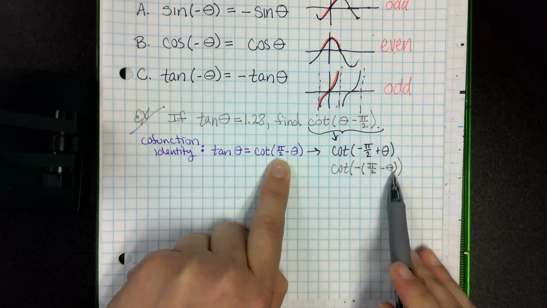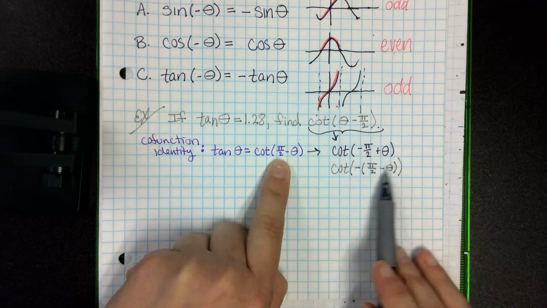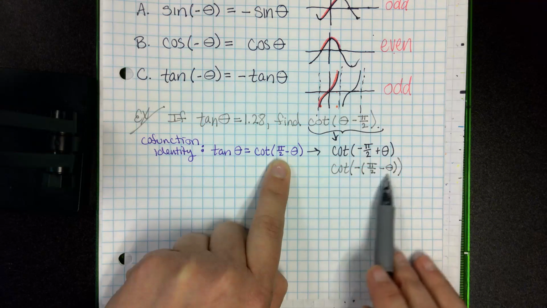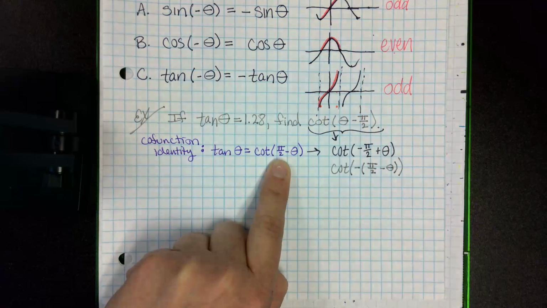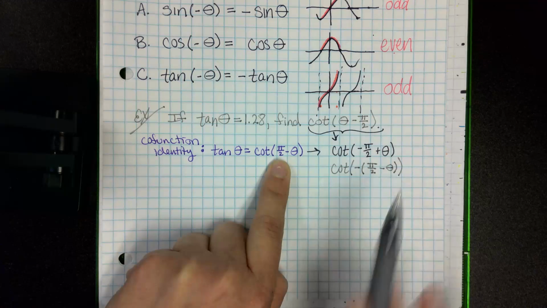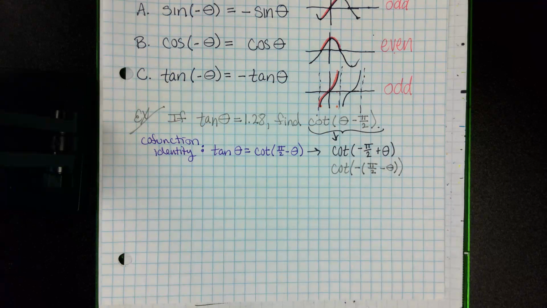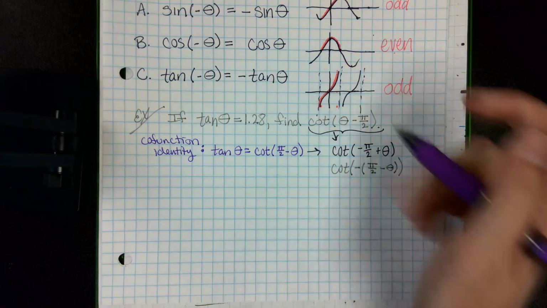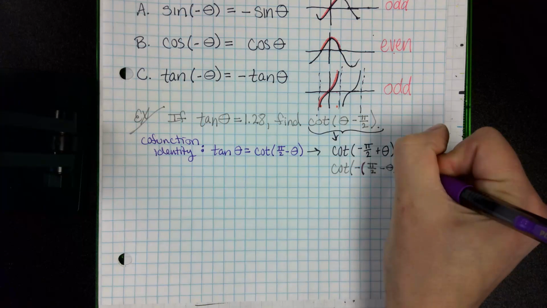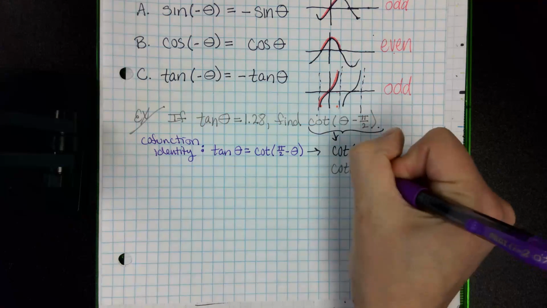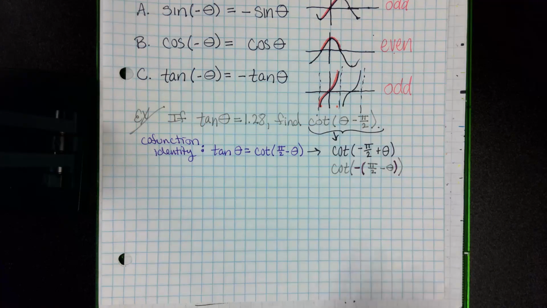So now if this inside parentheses was our theta, it would be negative angle theta, right? So we'd have cotangent of a negative angle. Like if we do this. Look at that. So cotangent of a negative angle.